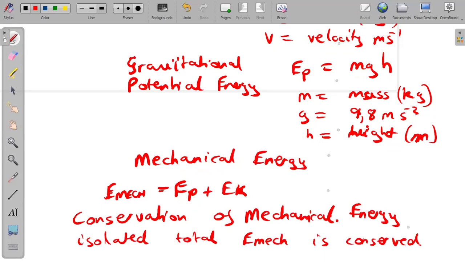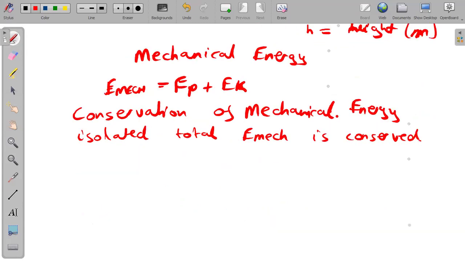At this statement, let us first talk about the isolated system. An isolated system is simply a system in which there are no external forces acting, or non-conservative forces that are acting. We shall also discuss what exactly are non-conservative forces and conservative forces.